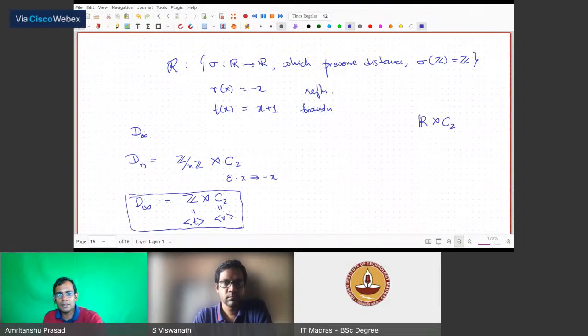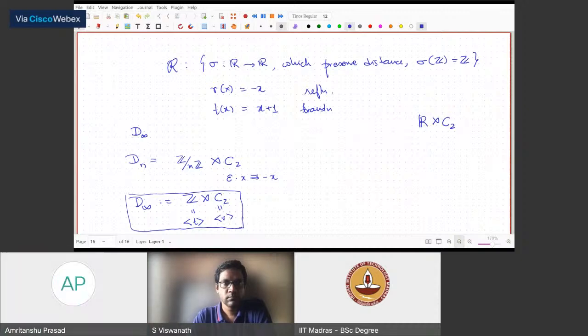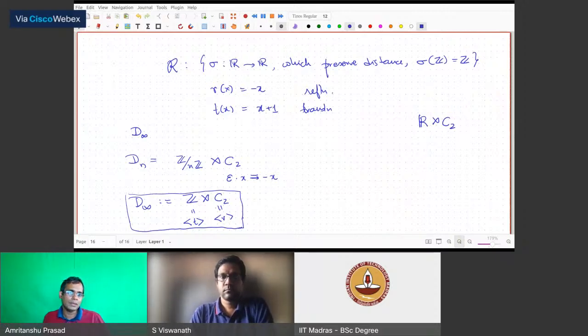This relates to another question that's been asked on the forum by Vijay, who was asking about Lie groups. These two are examples of what are called Lie groups, namely the rigid motions of R cubed and the rigid motions of R, which is R semi-direct product C2.